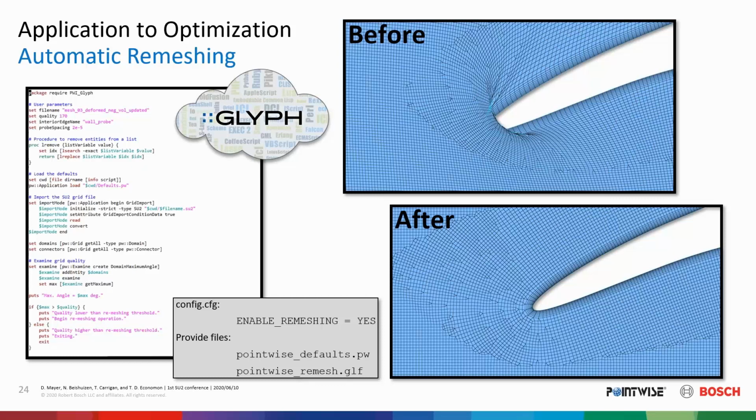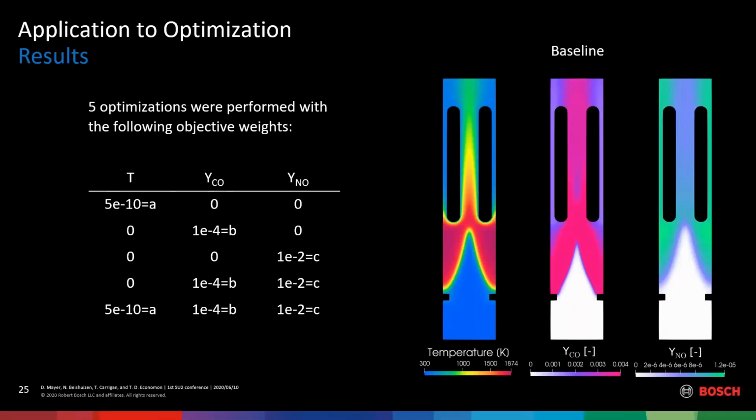Daniel? Thank you very much, Travis. And with this, I would like to show you some results. So in total, I will show 5 optimizations that we performed with different objective weights. The first one is an optimization where we just optimize the temperature on the outlet, or reduce the temperature, in order to get a higher thermal efficiency.